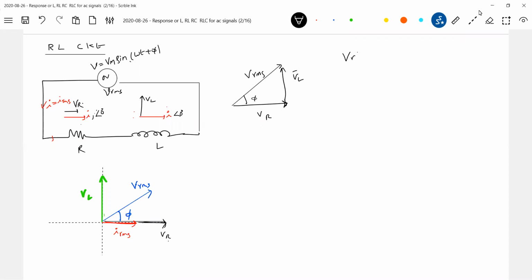So this should be VRMS square equal to VL square plus VR square. This is a voltage triangle. Vector sum of voltages, I'm making clear.